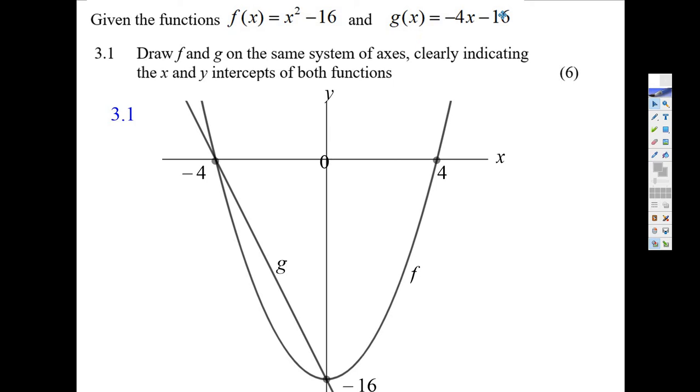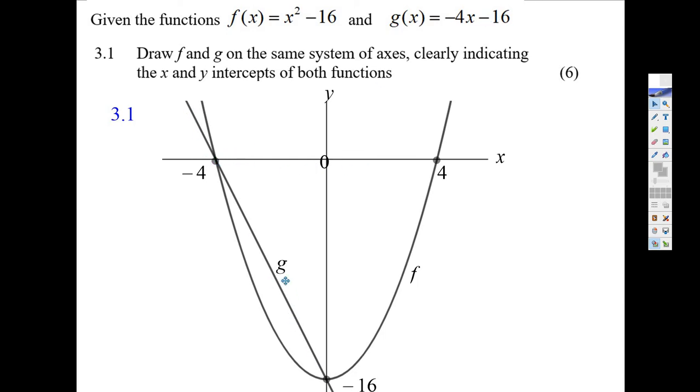Divide by 4, negative 16 divided by 4. Hey, x must equal minus 4. So you do it carefully and solve. Let y equal 0 and then solve for x. And then check it. Negative 4 times negative 4 is positive 16. 16 minus 16 really is 0 for y.